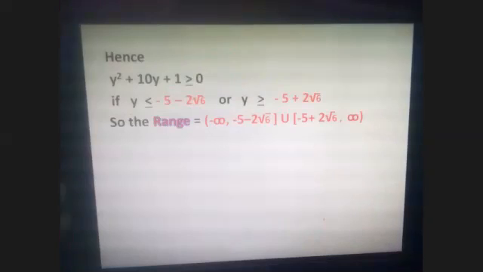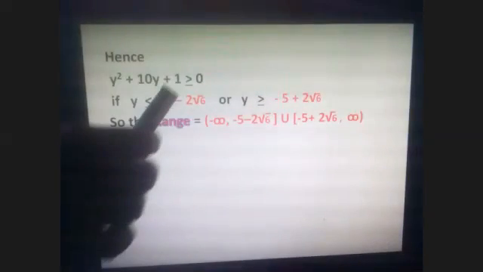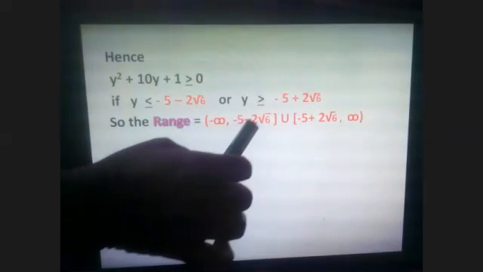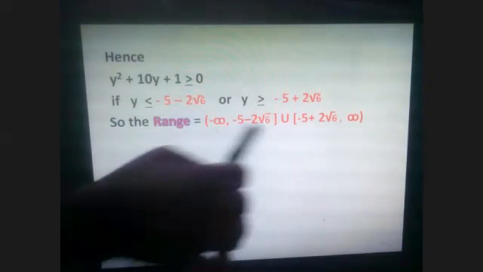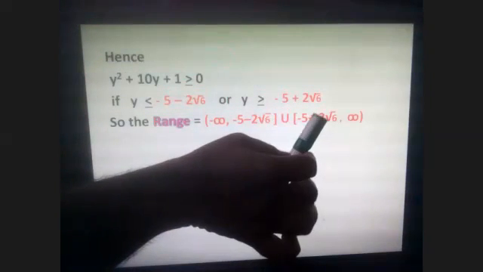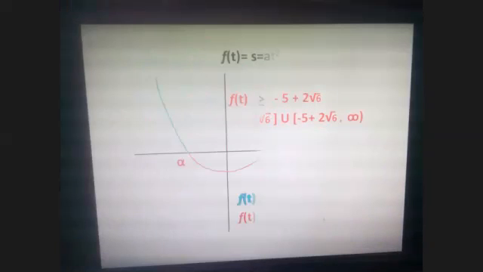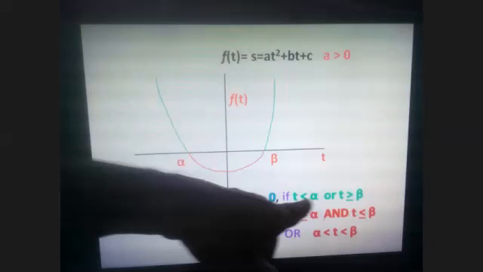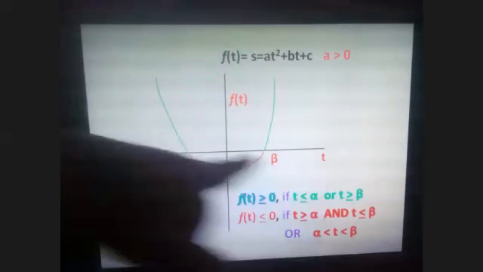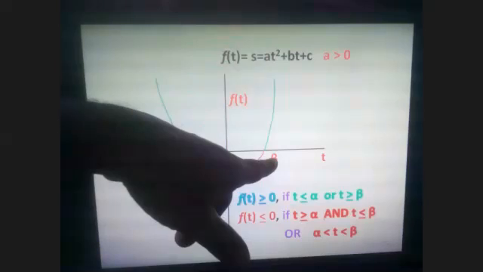That is minus infinity to alpha union beta to infinity, or minus infinity to minus 5 minus 2 root 6, closed, union, closed, minus 5 plus 2 root 6 to infinity, that is beta.